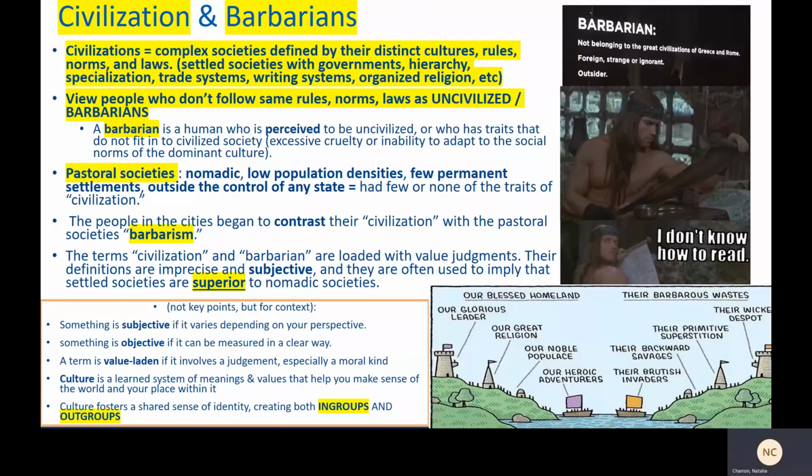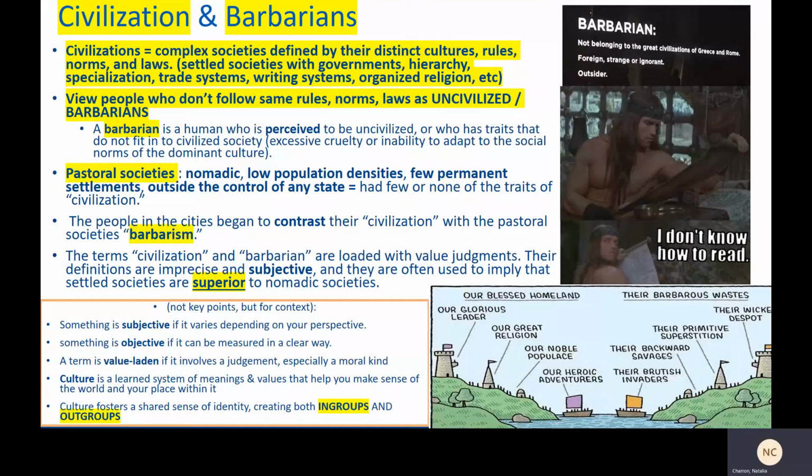In history, these words have been used a little differently. At the very beginning, when societies began to come together, the civilizations that developed farming and settled down in one place looked down on nomadic civilizations as being barbaric. It doesn't mean that they were actually less sophisticated or inferior, right, to the civilized societies.